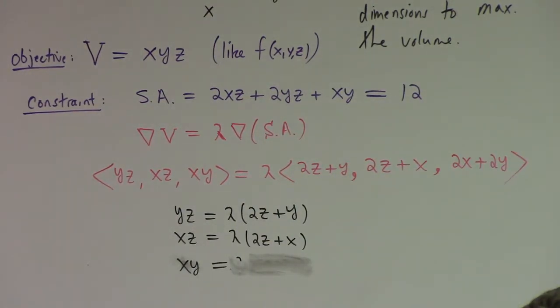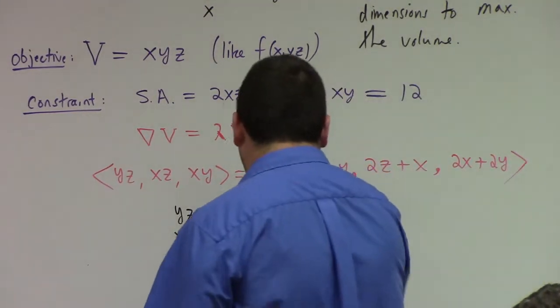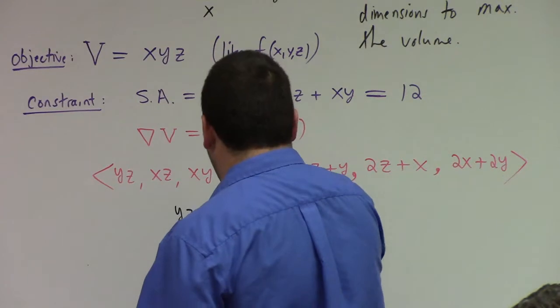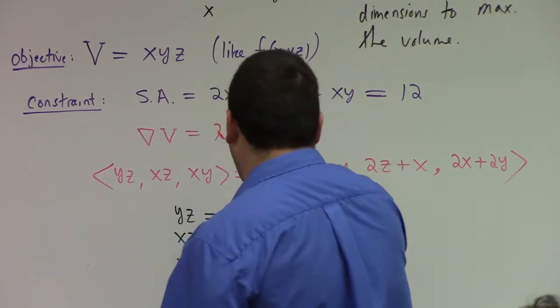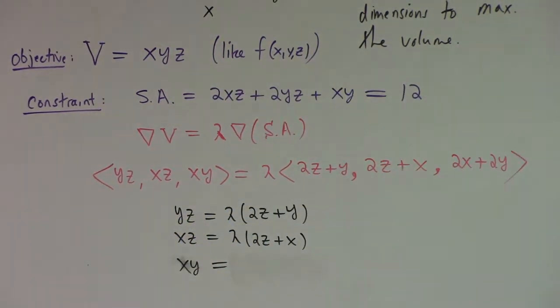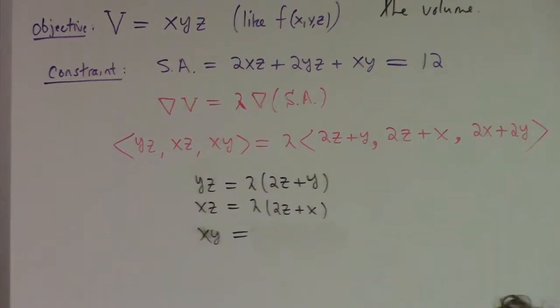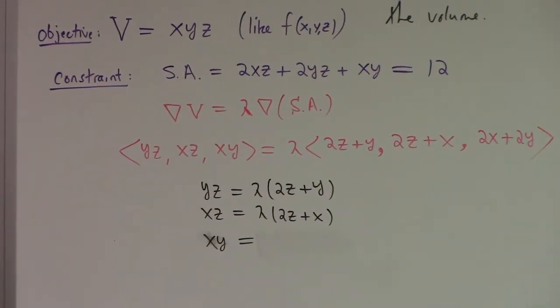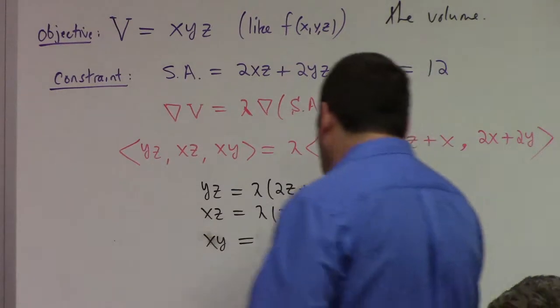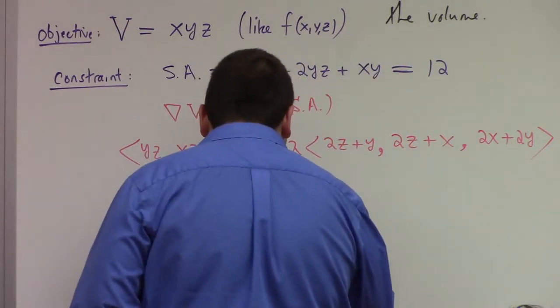When I see equations like this, you know what they say to me? They yell at me, make me look the same. So this is lambda times 2x plus 2y.